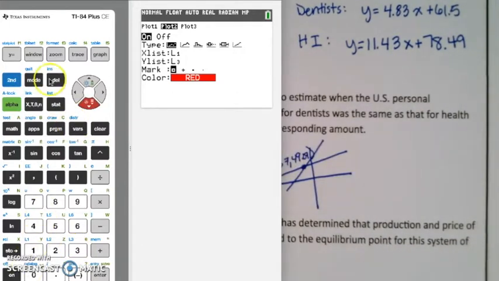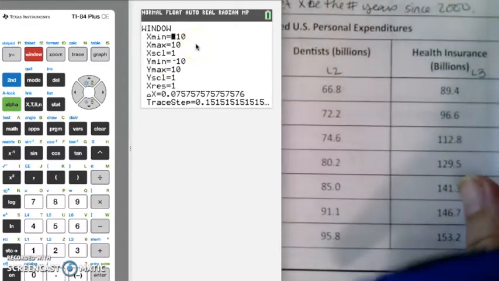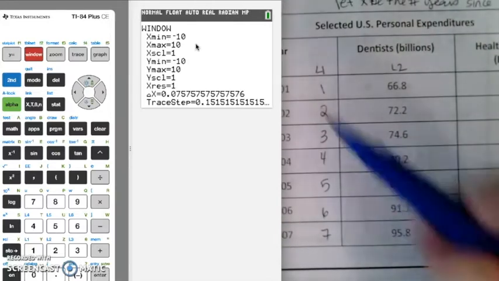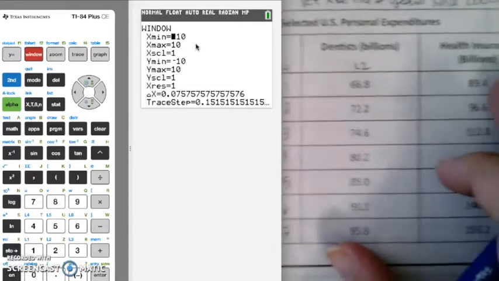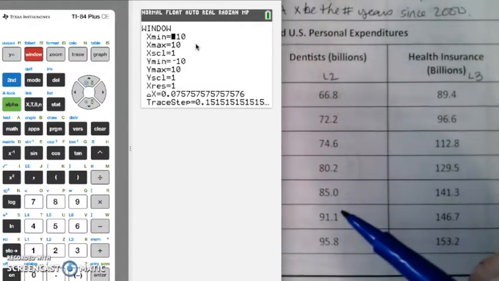All right, so now what we want to do is go into our window and make sure we are looking at an appropriate window. According to our table here, our x values range between 1 and 7. I'm just going to leave it -10 to 10. I'm not going to edit that yet, okay? But our y values are high.